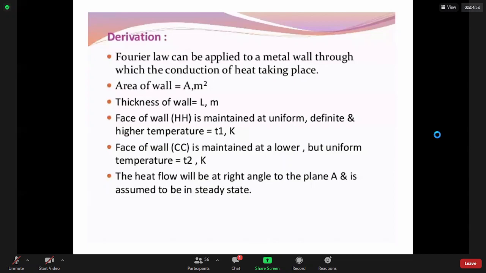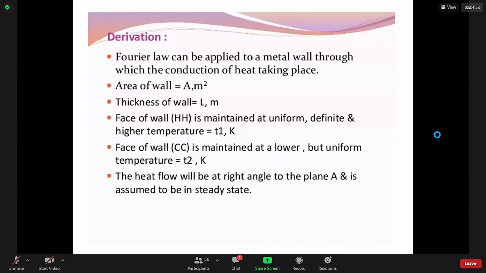So in this case, we have HH. This is the hot surface, and it is at a higher temperature, T1, and we have this heat moving through the wall whose length is L. The surface here is the area.